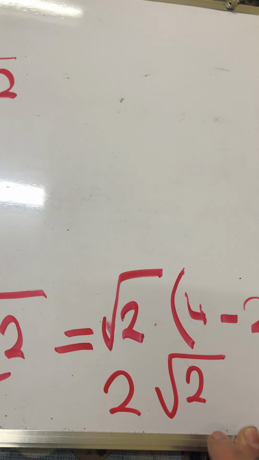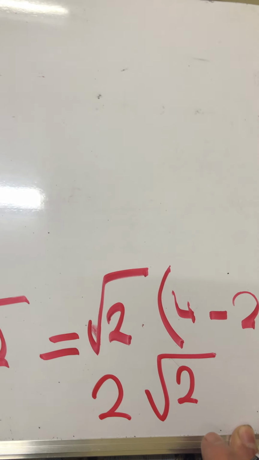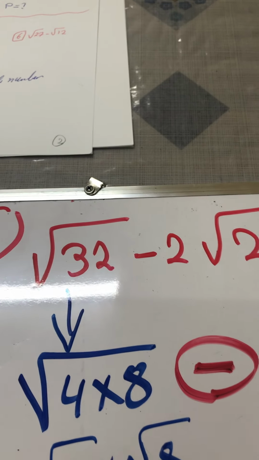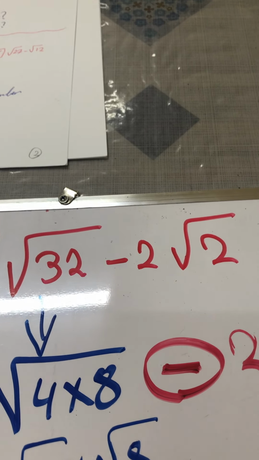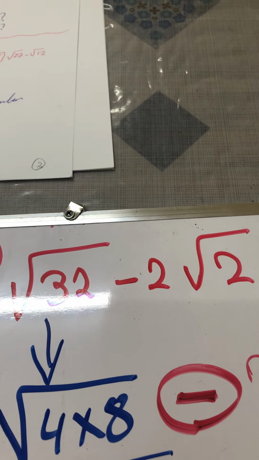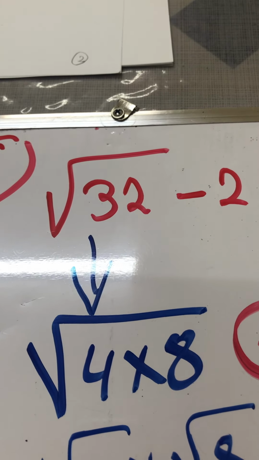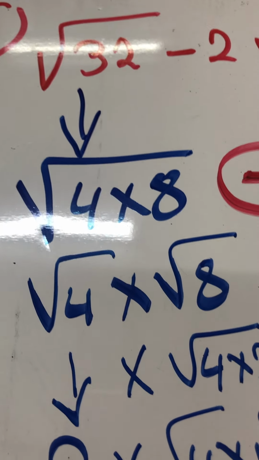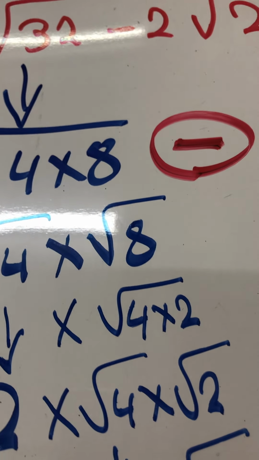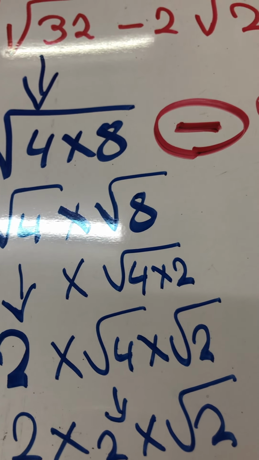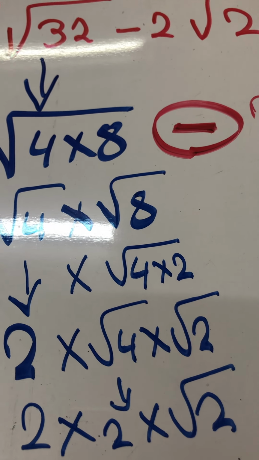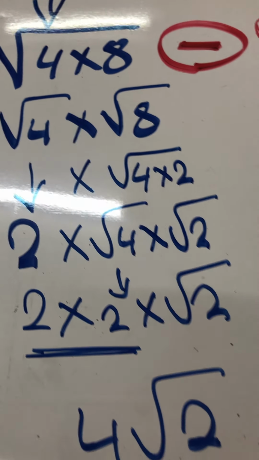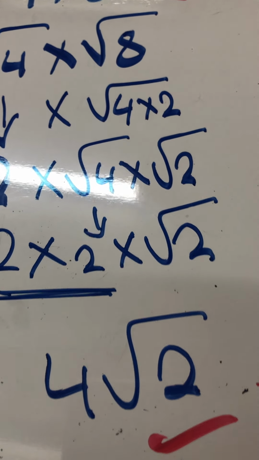Question number 6. So again, I can't subtract square root of 32 minus 2 square root of 2 directly. But I have to simplify this square root of 32. Make it 4 times 8. Find the answer of 4, which is 2. You can change 8 into 4 times 2, like this. And finally, the simplification will be 4 square root of 2.